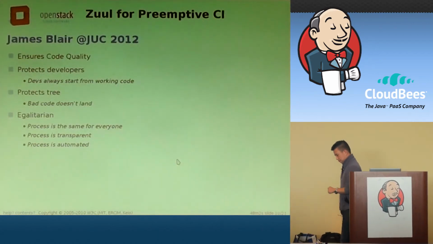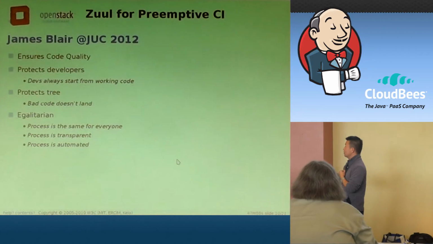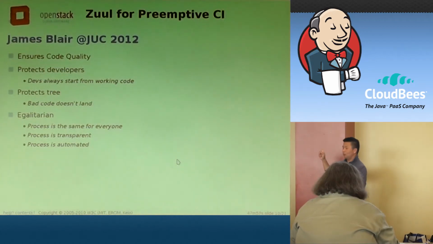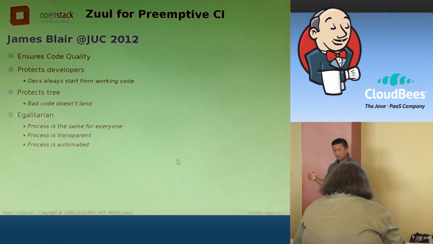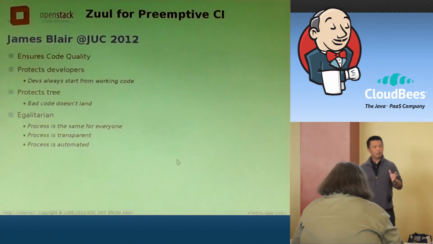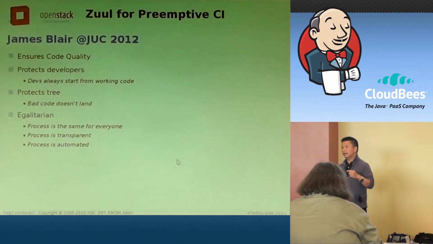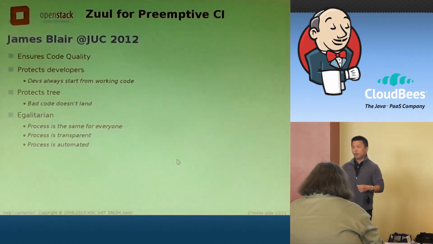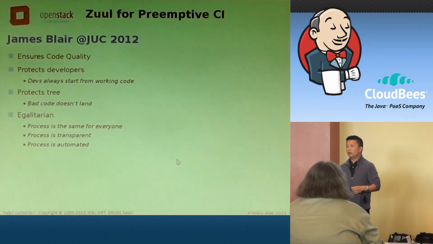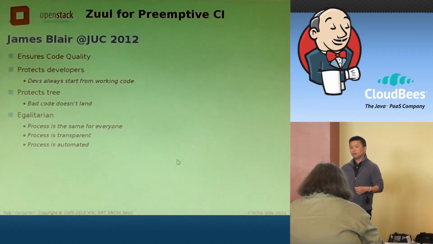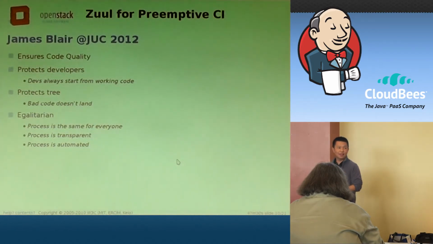Like I mentioned before, with Zuul, how we run our CI is a little bit different than how most people run CI. The typical CI installation is you upload a change, it runs through your build and test, it fails, and then you have a broken master or tree. So what we do is something called Preemptive CI.